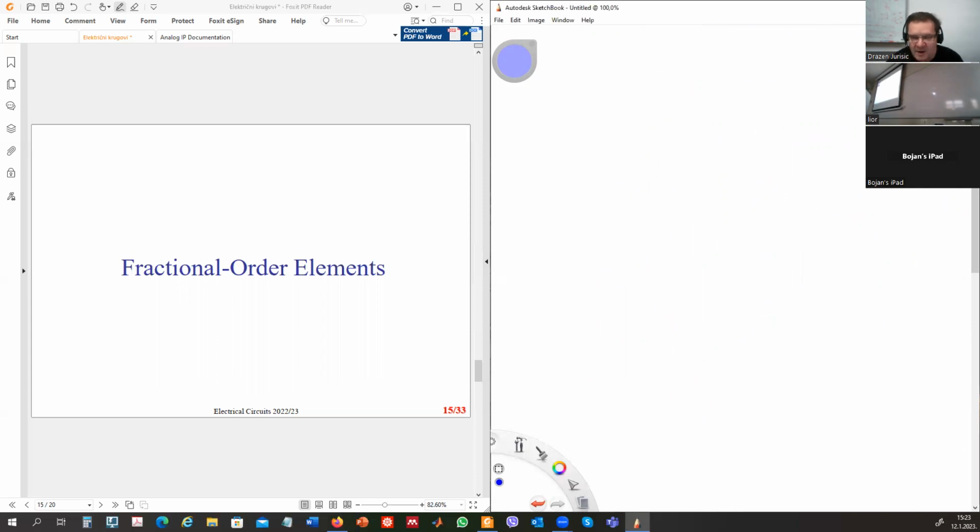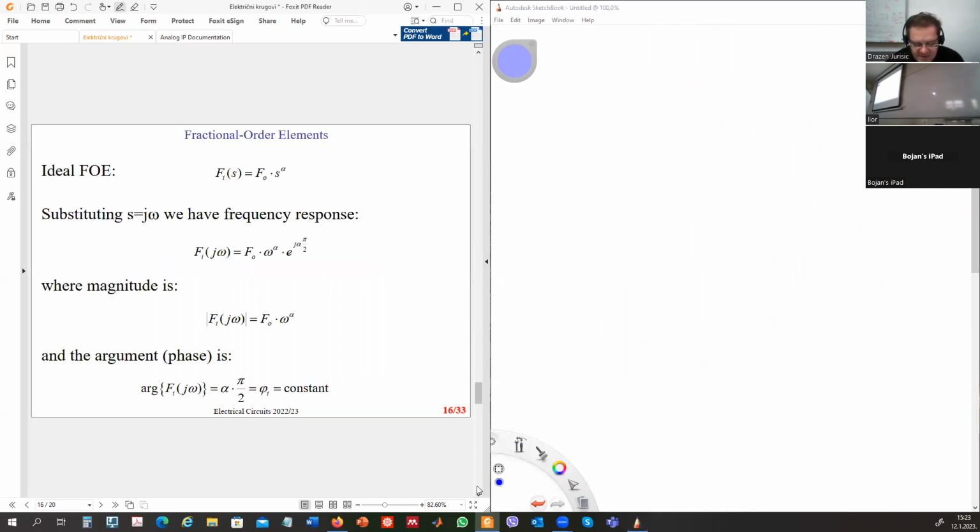Okay, now how can we obtain a fractional order element? This is the definition of our fractional order element. This is the basic and most important equation.